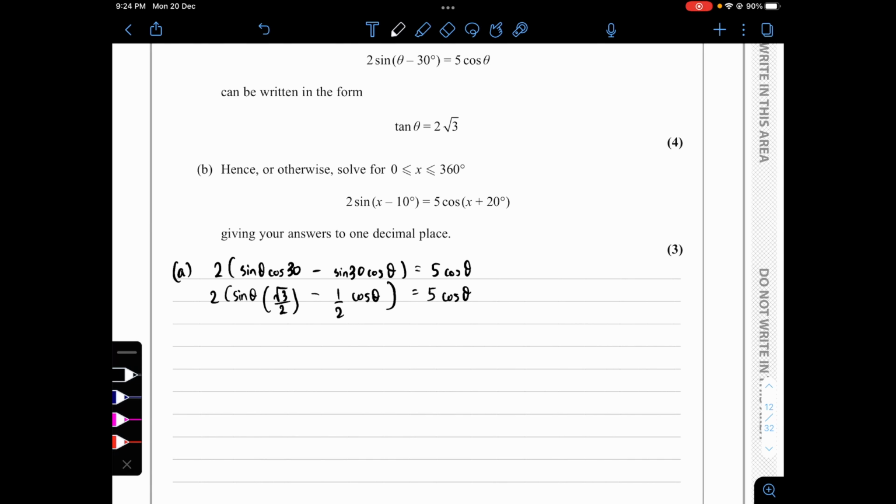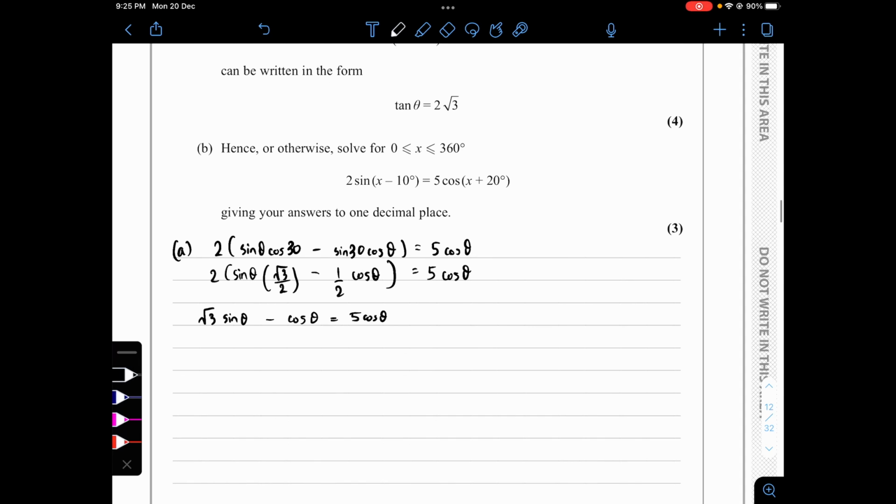Now we can multiply everything by 2, so that will be root 3 sine theta minus cos theta equals 10 cos theta. Okay, move the cos to the other side, becomes root 3 sine theta equals 6 cos theta.